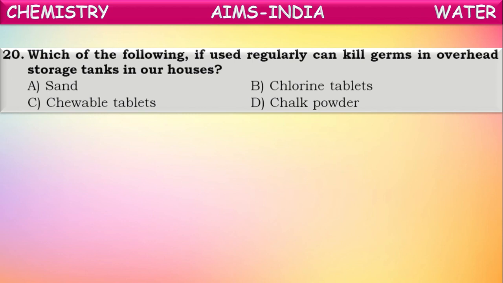Generally, bleaching powder or chlorine tablets are used for killing these bacteria. Bleaching powder also releases some chlorine gas into the water, which kills the bacteria and germs. Often they use chlorine tablets directly also.